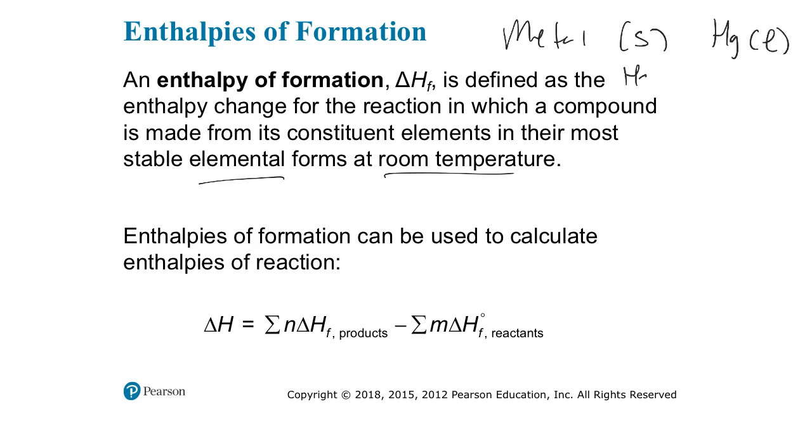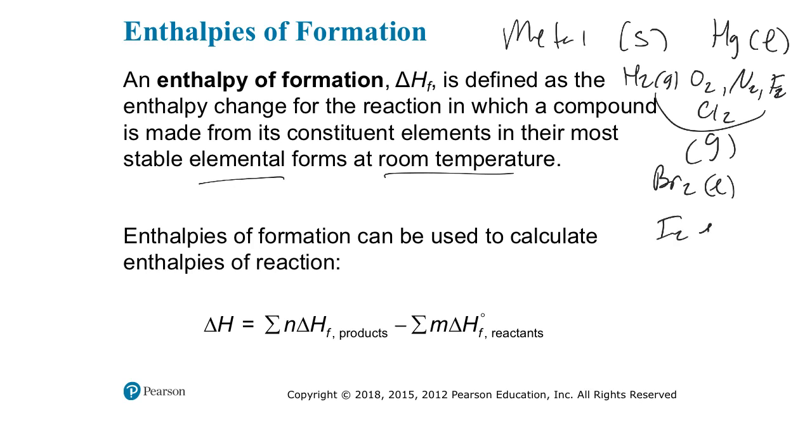You have a lot of diatomic molecules, in particular with gases, but not exclusively with gases. So you have O2, N2, F2, and Cl2 existing as gases. These are all gases at room temperature. You then have bromine, which is a liquid, I2, which is a solid, and carbon, which is a solid in graphite form.